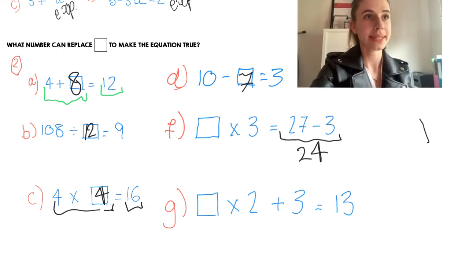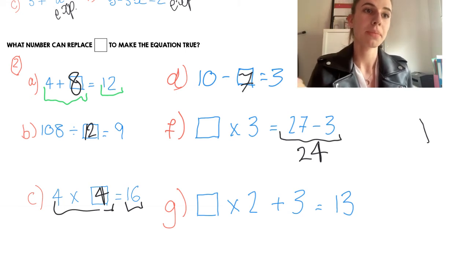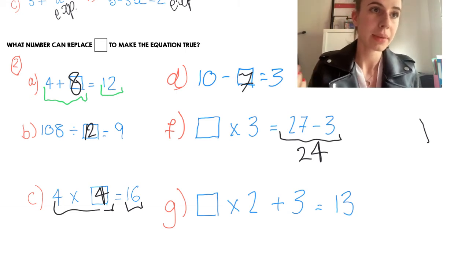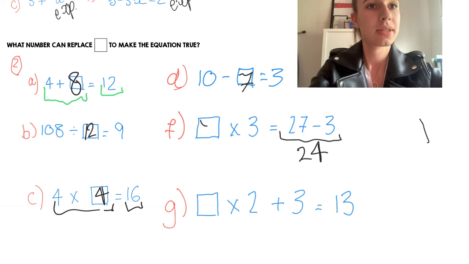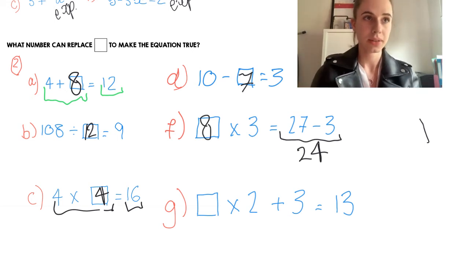Now our question is the exact same type of question as the other set of questions. So we can just simply work it out as usual. So 3 times blank gives 24, you might have guessed 8. And that's our answer. So now our left-hand side is equal to our right-hand side. We've made the equation true.